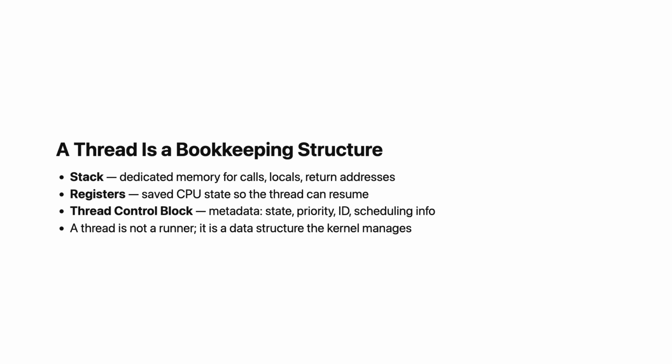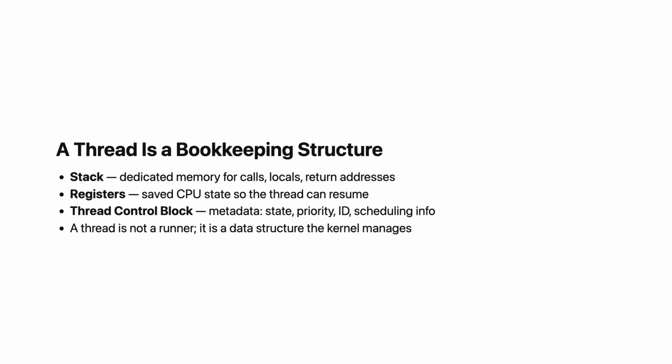Second, a set of saved register values so the CPU knows where this thread left off. And third, a block of metadata called the thread control block, which stores the thread's state, its priority, its ID, and scheduling information. That is it. A thread is a stack, a set of registers, and some bookkeeping. It is not a magical parallel universe. It is a data structure that the kernel manages.